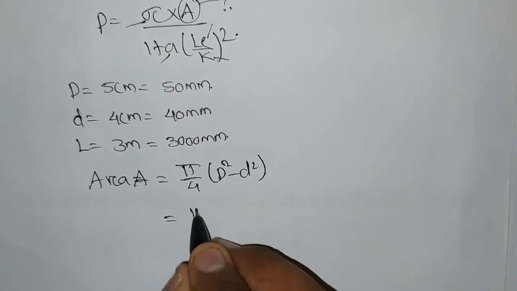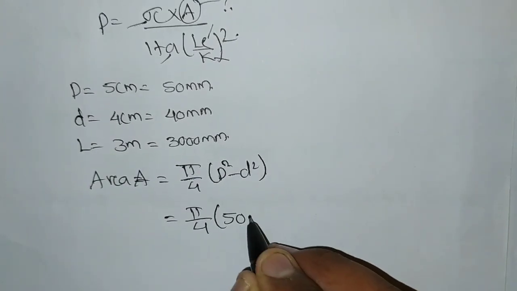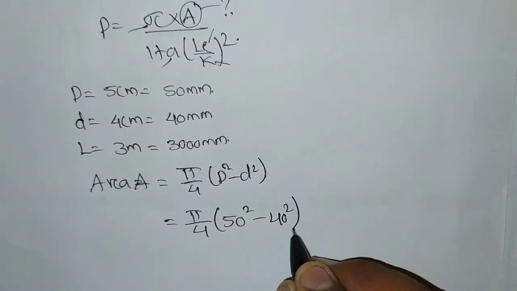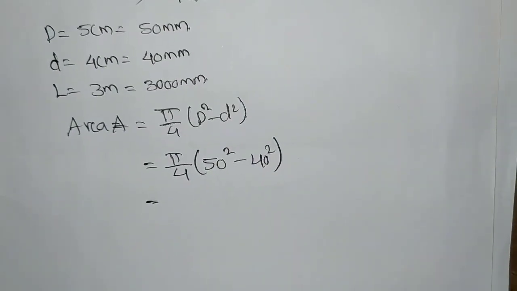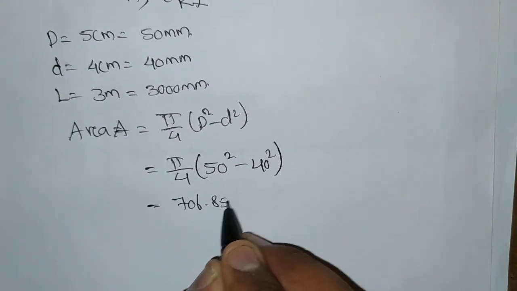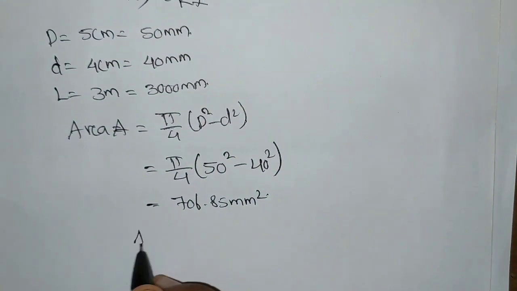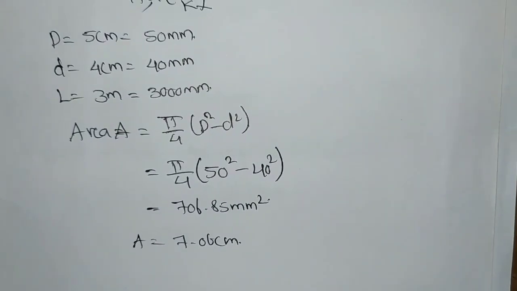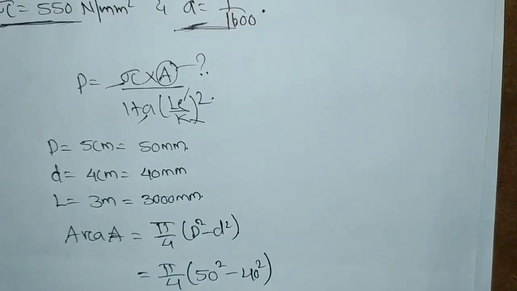If we substitute, pi by 4 of 50 square minus 40 square, we will get 706.85 mm square. If we convert into centimeters, it will come 7.06 centimeter square. So from the formula the value of A we have found out.